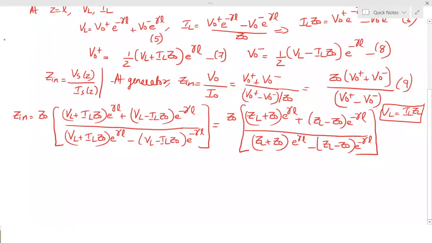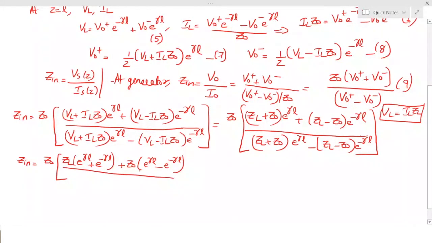Now you are taking ZL terms common. So you will be getting Zin is equal to Z0 into ZL into (e raised to gamma L plus e raised to minus gamma L) plus Z0 into (e raised to gamma L minus e raised to minus gamma L), divided by ZL into (e raised to gamma L minus e raised to minus gamma L) plus Z0 into (e raised to gamma L plus e raised to minus gamma L).